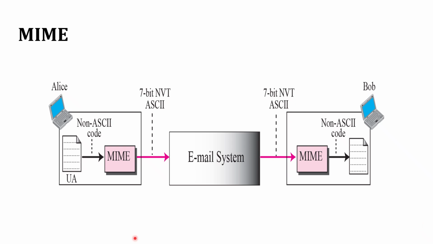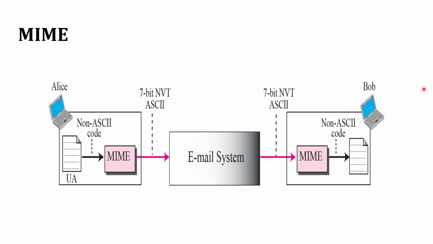At the sender side, MIME transforms the non-ASCII data into NVT ASCII format. The converted data is then delivered to the client MTA to be sent across the internet.